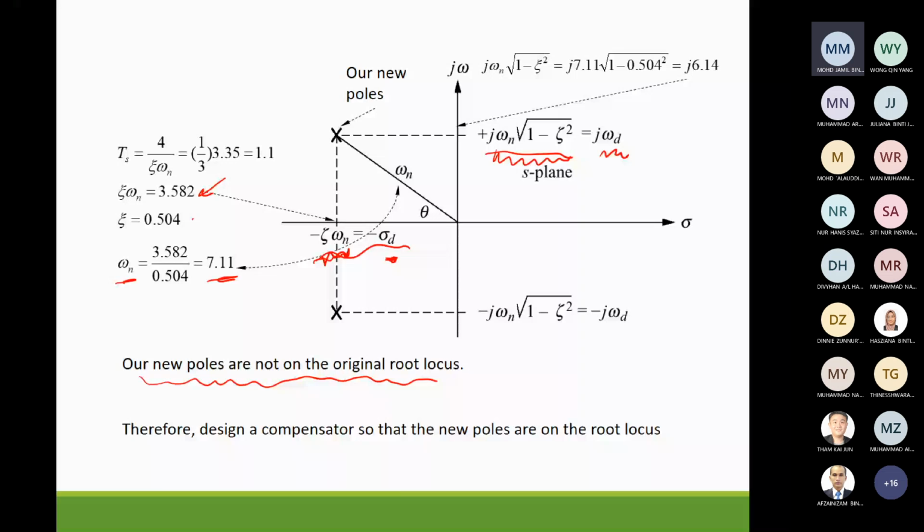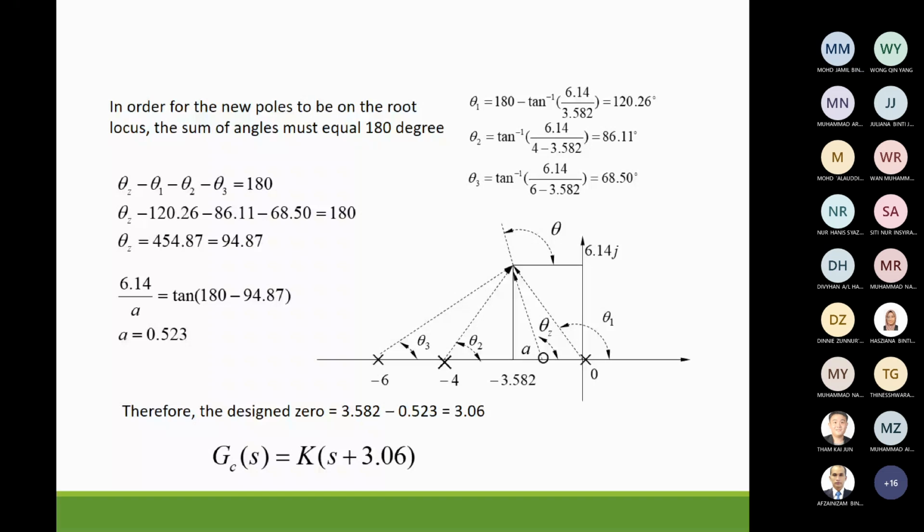In order for the new poles to be on the root locus, the sum of angles must equal 180 degrees. When you add the new PC and ZC, you have to calculate the angle of each of the poles and zeros to the point of interest, and make sure that the angles sum to 180 degrees.